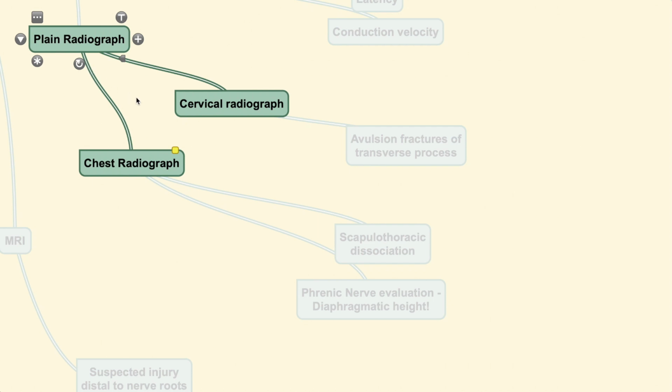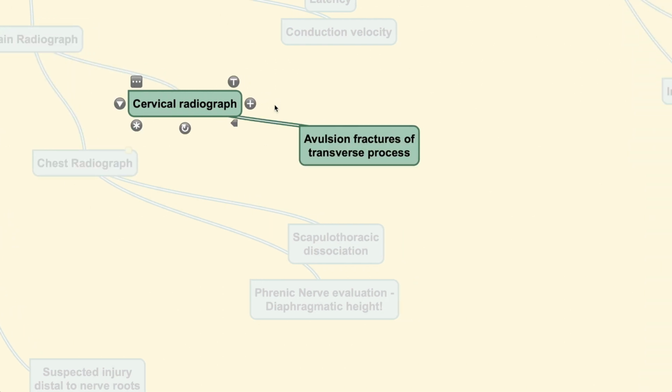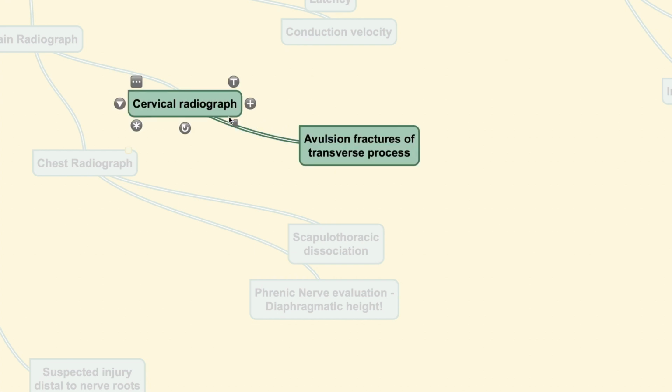But generally what we would like to see here in the plain radiograph are indirect signs of the brachial plexus injury. For the cervical radiograph, because most or some of the brachial plexus injury occur because of traction injury, you could find an avulsion fracture of the transverse process of the spine.